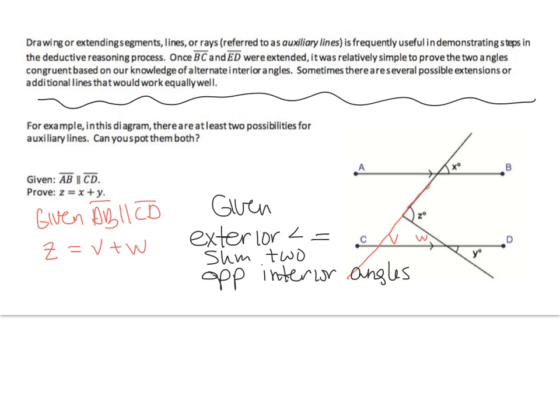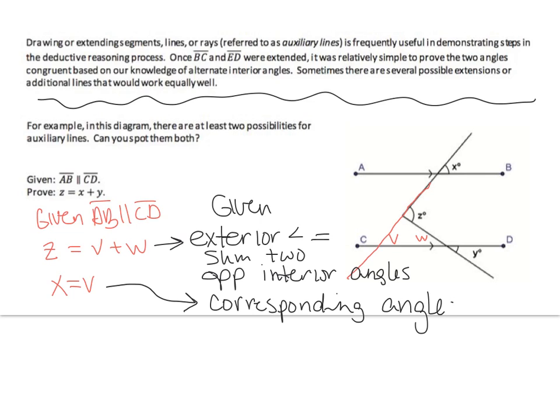We can also say that x is equal to v. This one goes there. And we know x is equal to v because they are corresponding angles. And we can say that w is equal to y because they are vertical angles.